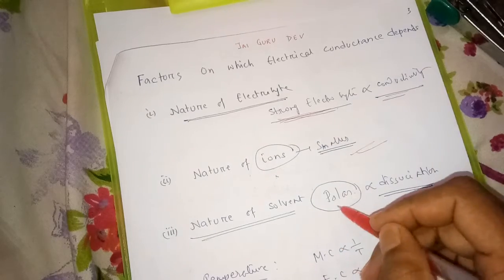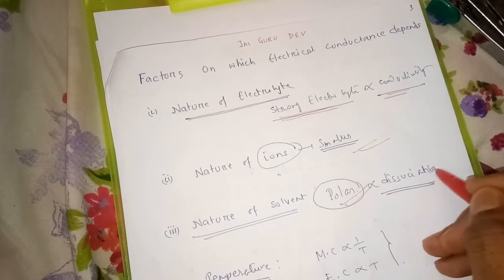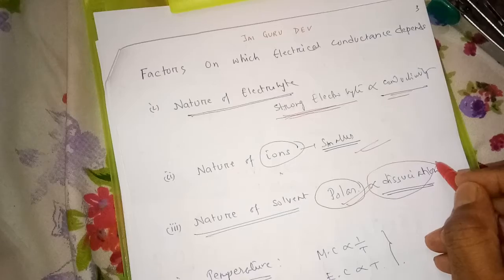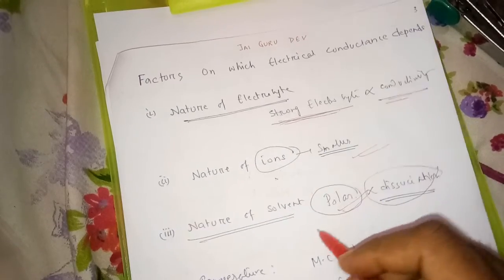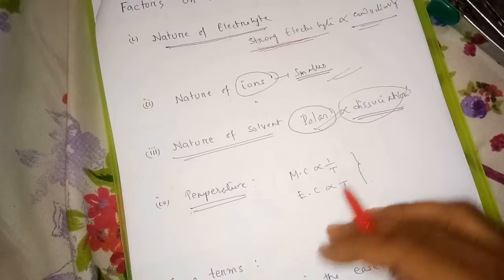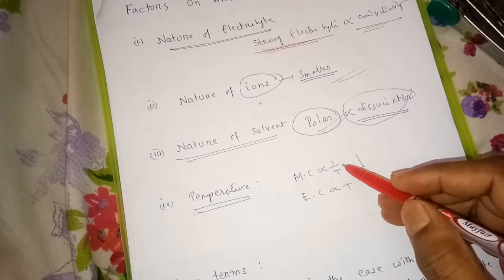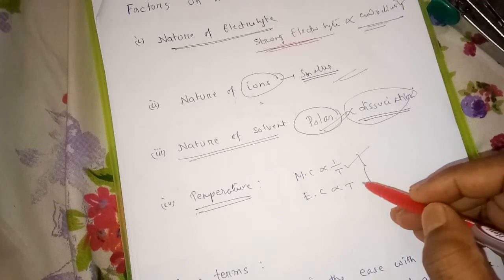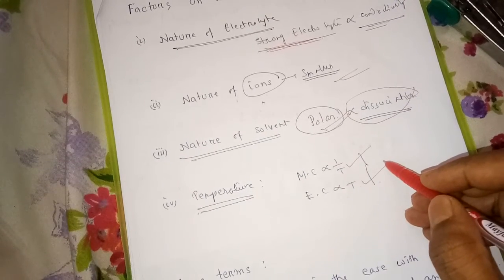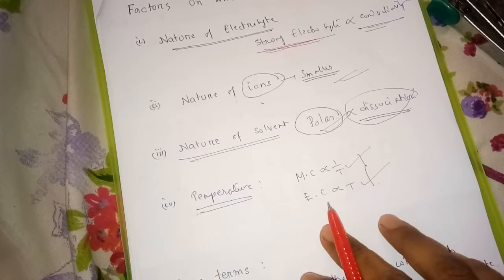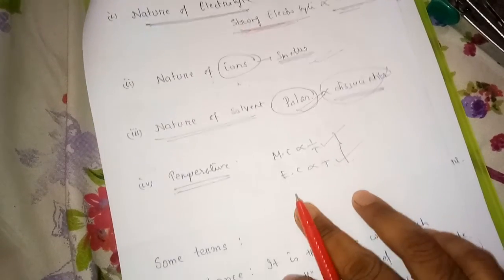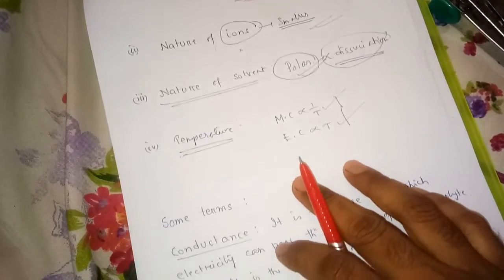Nature of solvent: a polar solvent dissociates the electrolyte very easily, that is why for a polar solvent the conductivity is high. Now temperature: metallic conductance is inversely proportional to temperature, electrolytic conductance is directly proportional to temperature. So conductivity increases with temperature for an electrolytic conductor.